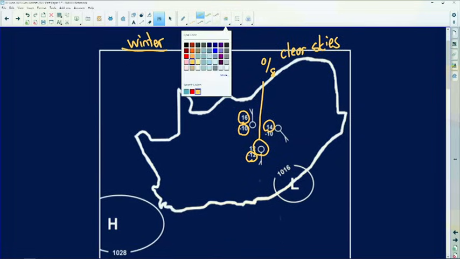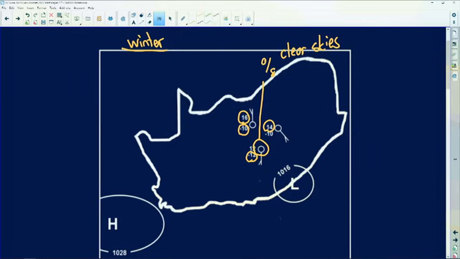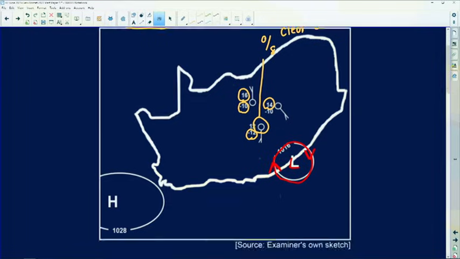Interesting one over here. Just want to point this out. It shows us again, there's a coastal low pressure that we experience over here. Now, coastal low pressure, as the name indicates, is a low pressure that we find at coastal areas. As you can see, remember the anti-clockwise circulation. No, apologies, clockwise circulation of air.